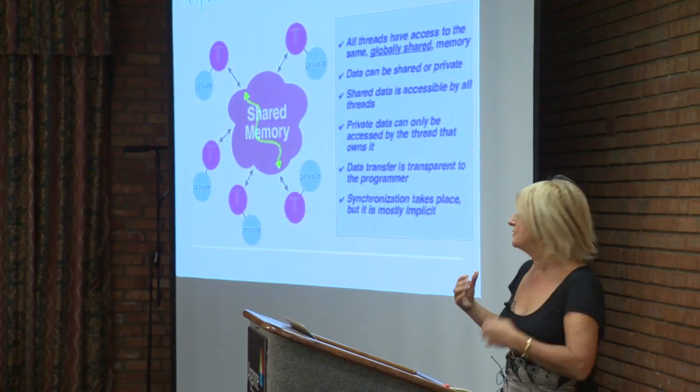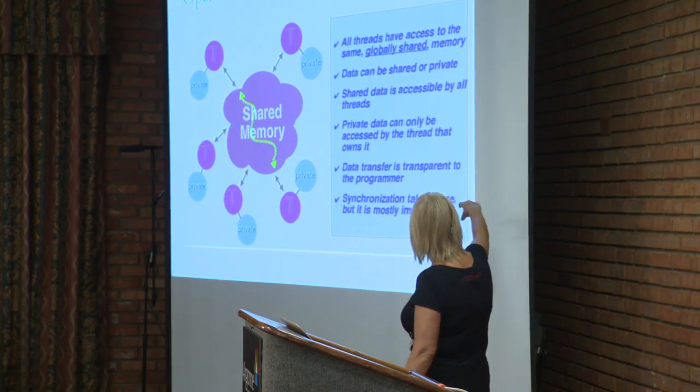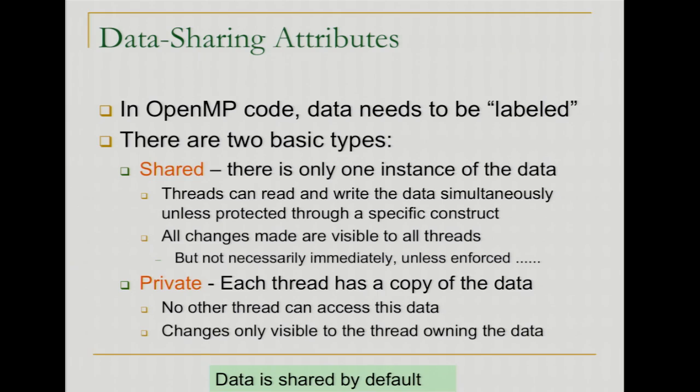And this is for the MPI programmer: you don't put in any communication per se. You have to make sure that you know when data is available, but you don't put in any communication statements in this model. So data is either shared, meaning threads can read and write it, or it's private and nobody else can access it.